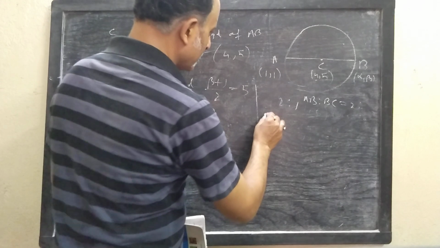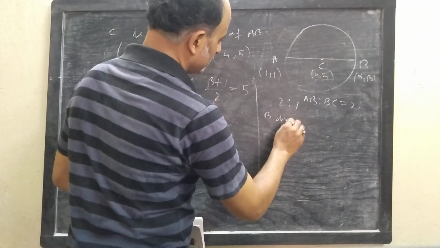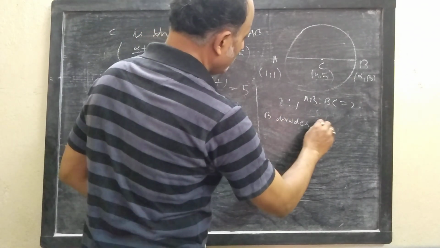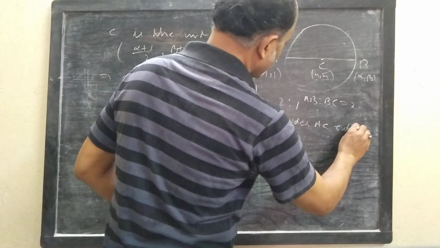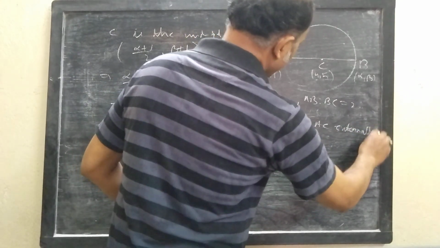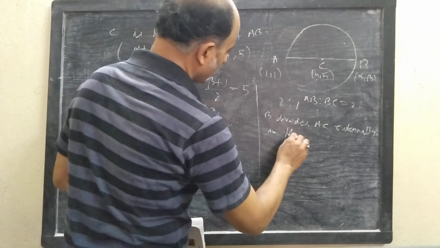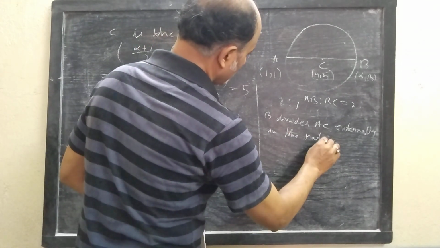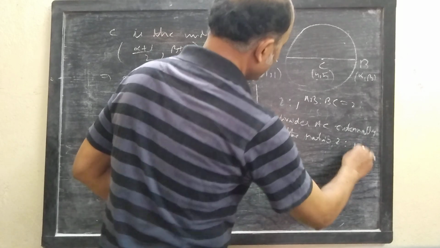So you can write, B divides AC externally in the ratio 2:1.